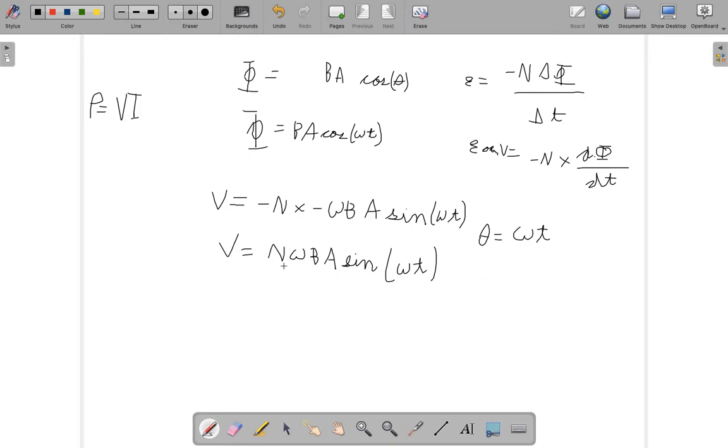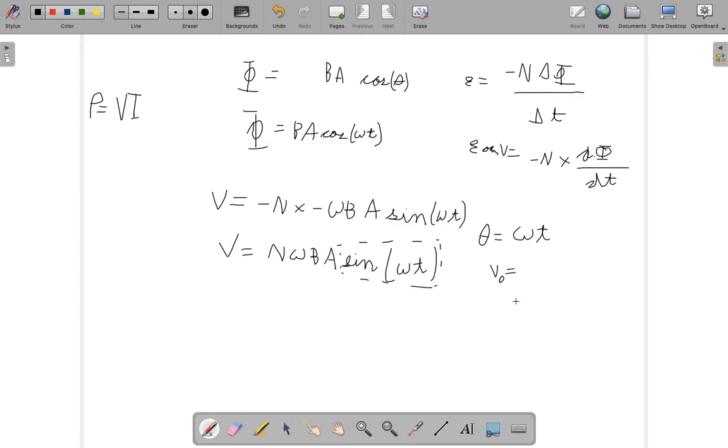So we know our voltage equals n omega BA sine of angular frequency times time. And also we know that our maximum voltage, or V0, will always happen when this sine term is equal to 1, because all of these are pretty much constants. Well, not really constants, it depends on the AC generator, but you could take them as constants because they don't really change.